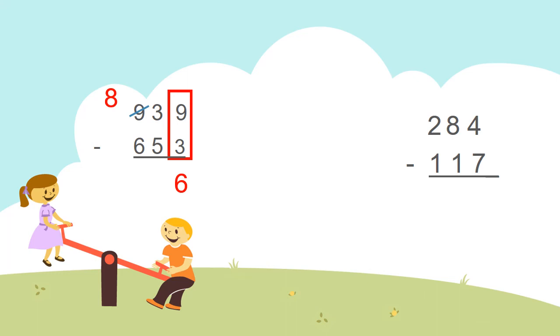And we have 3, so we have now 13 tens. Now 13 minus 5 is 8. We can count from 5 till we reach 13. Okay, now 8 minus 6 is 2.